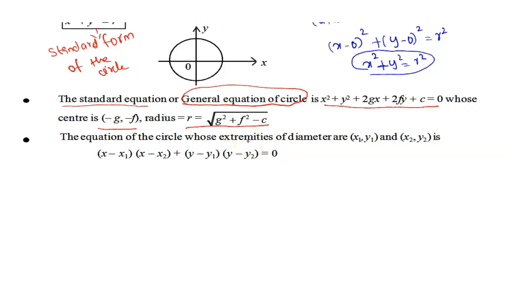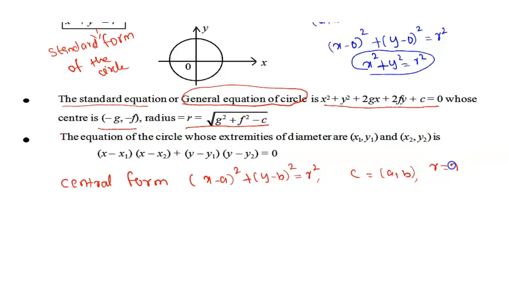So here we did 3 formulas. First one is the central form. Again I am writing all of those. What is the central form? The central form is (x minus a) whole square plus (y minus b) whole square is equal to r square. In this condition, the center is (a, b), and r is the radius.